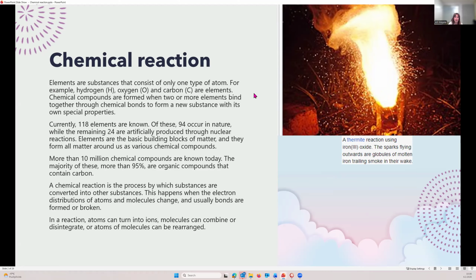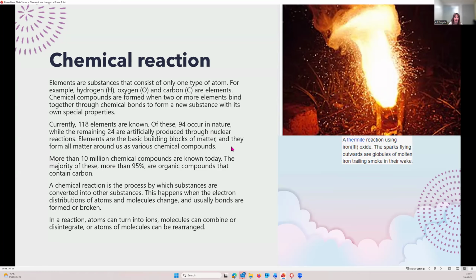So, for example, hydrogen, oxygen, carbon, yes, they are elements. But then there are currently 118 elements that are known, and of these 94 occur in nature. And well, 24 are artificially produced.